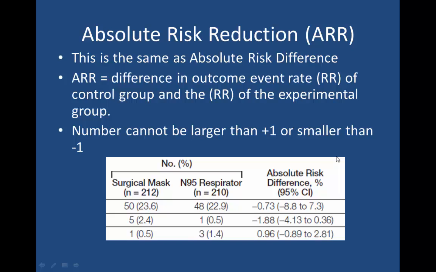It would be that you had a 1.8% lower risk of developing influenza if I wore the N95 mask. But the actual range of effect was a 4% reduction in the risk of influenza compared to a slight increase in my risk, a 0.36% increase in my risk of influenza. That's how you'd look at the results.